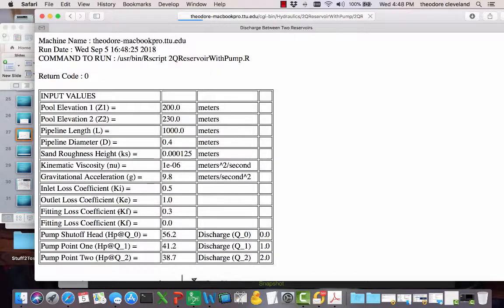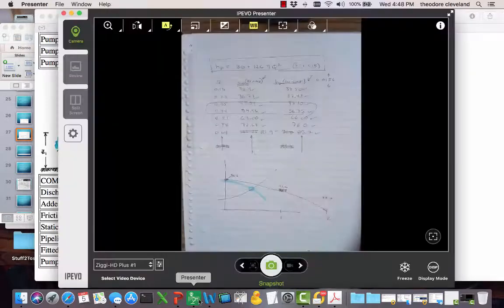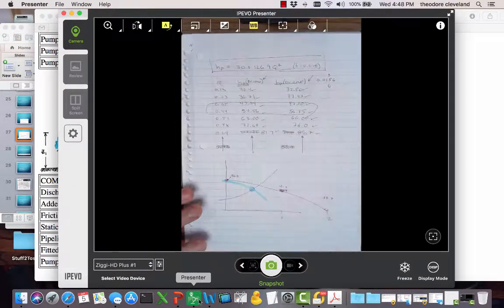Run it, and it says that that system will operate with a total head of about 50 feet, and the discharge is at 39, almost 40 meters cubed per second. So our system for this pump that I just created operates in this range.